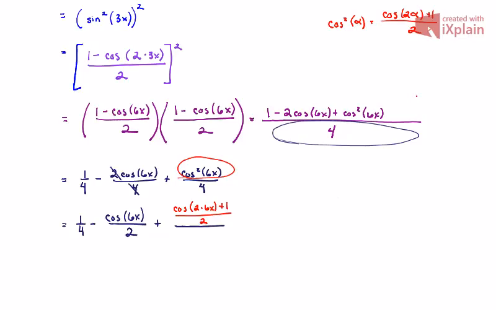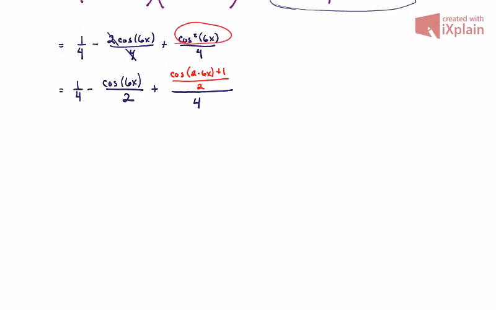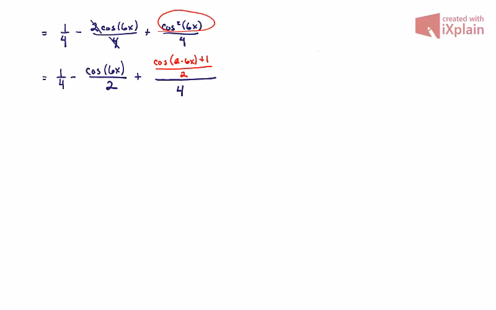And this is all over 4. So we have a complex fraction that we're going to have to deal with and clean up. If you feel the need, let's do a quick aside here to clean it up.